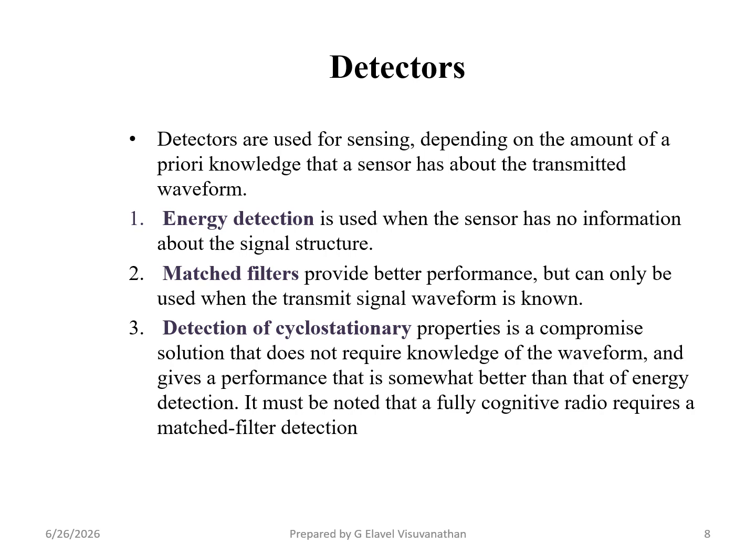Energy detection will sense when the sensor has no information about the signal structure. It must be noted that a fully coordinated radio requires matched filter detection. Matched filter detection will give the performance, but it should know about the transmission rate.